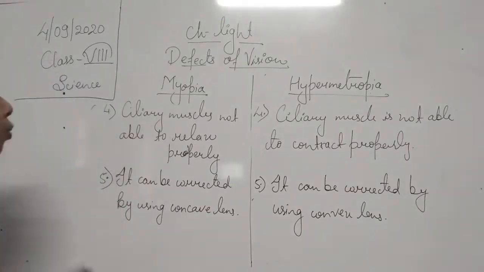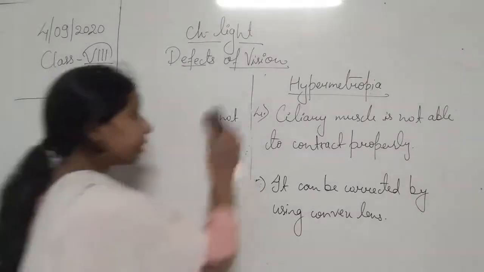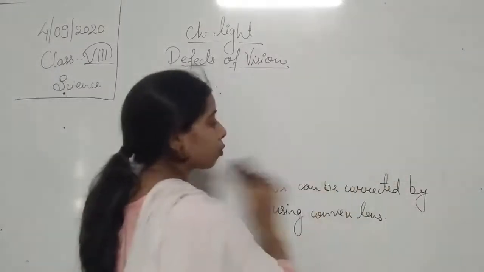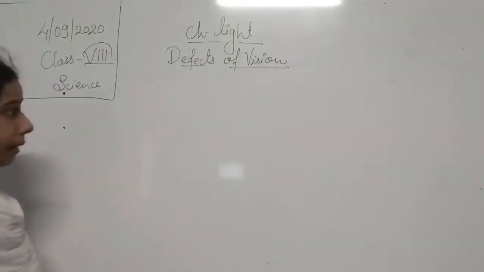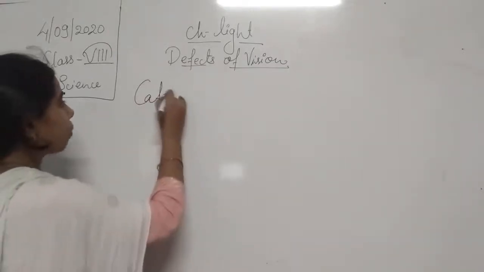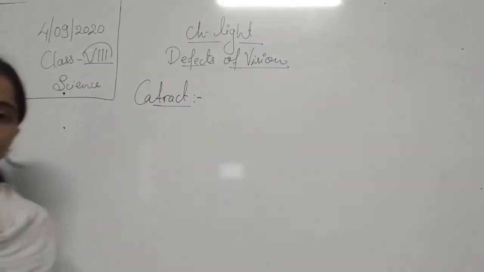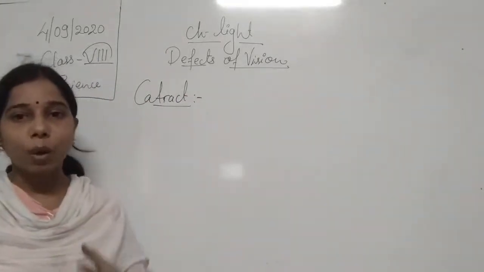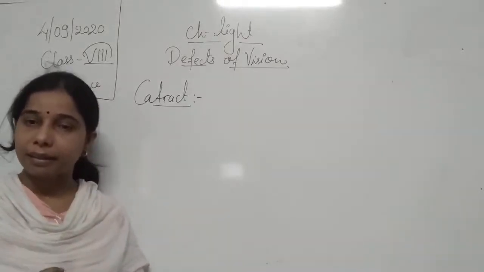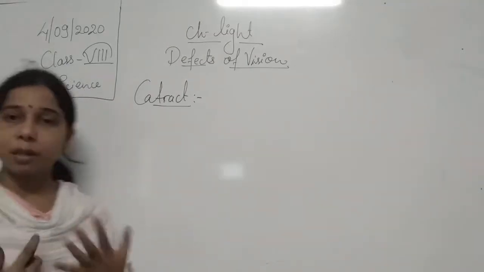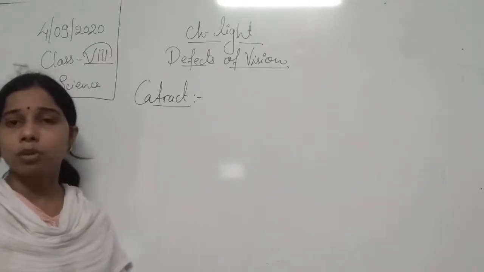Now we will move to another defect of vision, student, and that is cataract. What is a cataract? Is it the same as myopia and hypermetropia, student? No. Cataract is not like that. So you see what happened in cataract? In cataract, students, basically there is a formation of a cloudy, milky cloudy membrane on the eye lens, due to which we are not able to see anything, or the image is blurred, or almost we are not able to see.